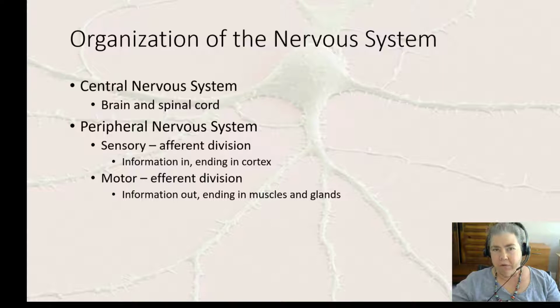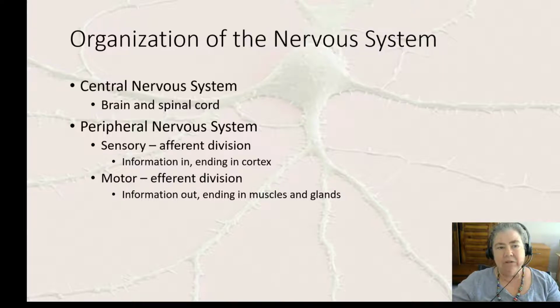And particularly when we're talking about the peripheral nervous system, we generally consider that it has two arms, a sensory division or afferent division, signals in, that come from sensory receptors that can be in the skin, in muscles, in tendons and joints, in organs of special senses like the tongue and the ear and the balance organs, the semicircular canals, and the eyes.